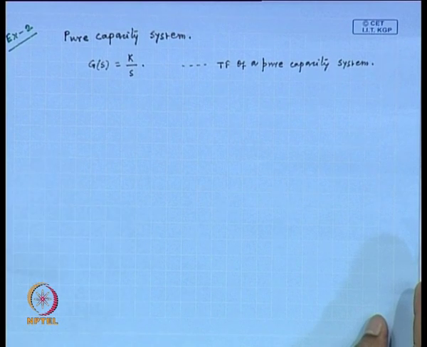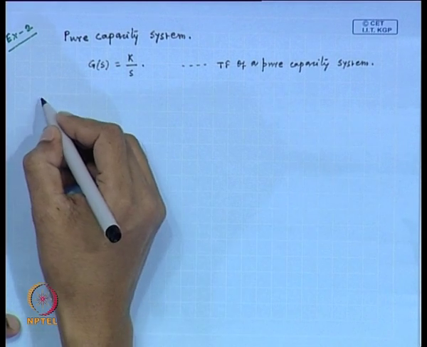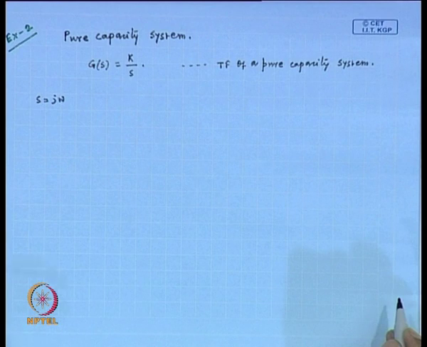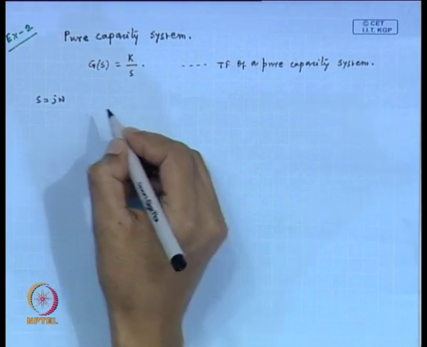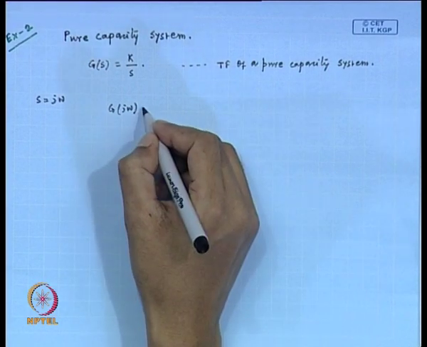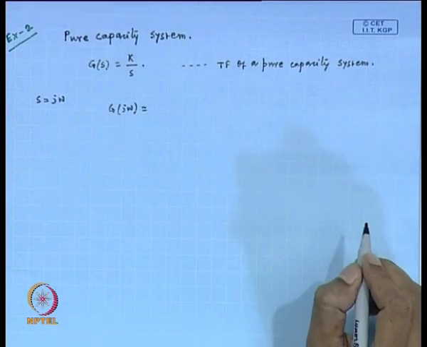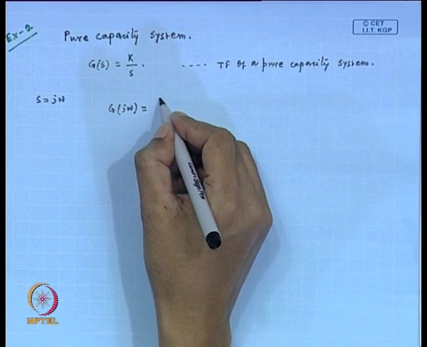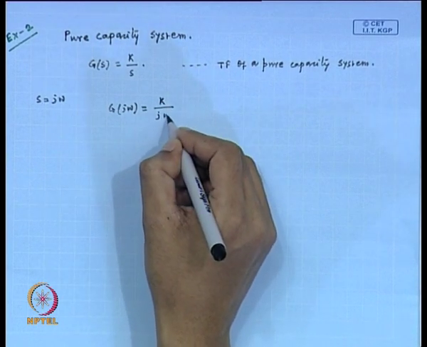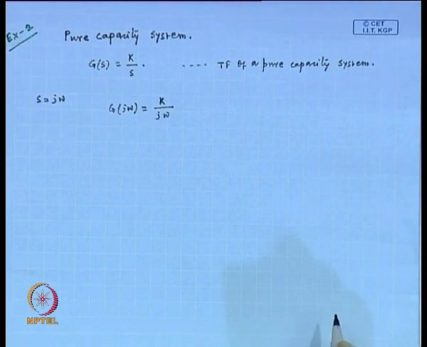So, we will follow the usual steps. I mean, in the first step we will substitute S equals j omega. Then the frequency response transfer function yields G j omega equals K divided by j omega.